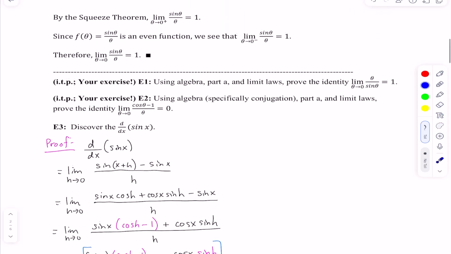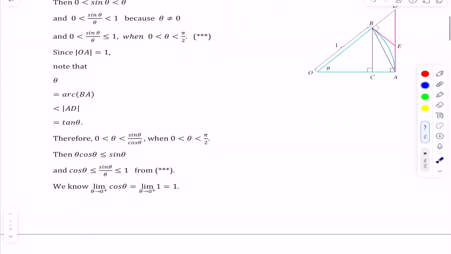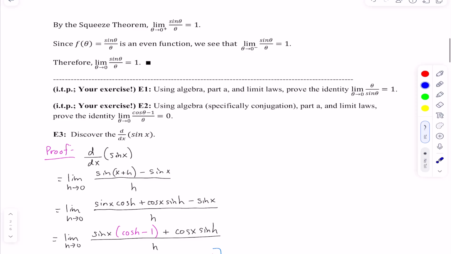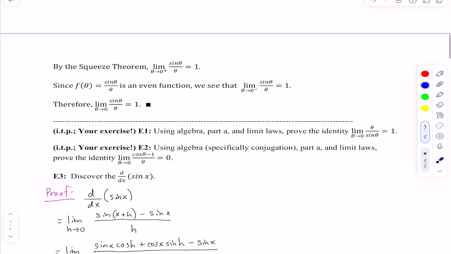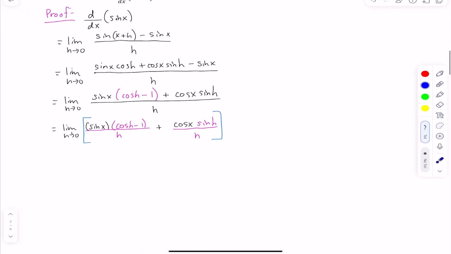Using the properties you just discovered, if you use this property here, along with this property, we do know that these limits are going to exist. And that is because h is our variable. If h is our variable, that means x will act as a constant. And this will simplify rather quickly.